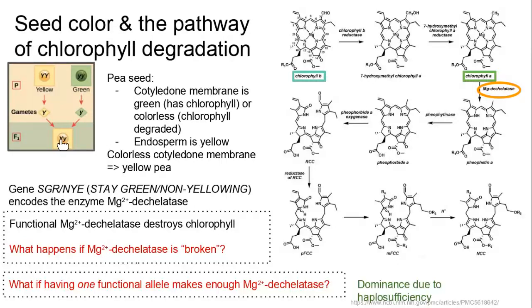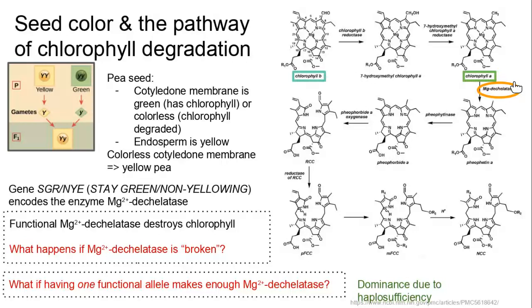whenever there is the heterozygote, this one is yellow, and being yellow means that there is chlorophyll degradation happening. So the allele we're talking about is the allele that encodes this enzyme. Having at least one allele that encodes the functional enzyme makes enough enzyme to degrade all the chlorophyll.